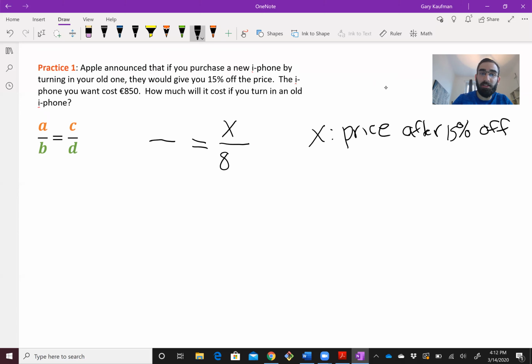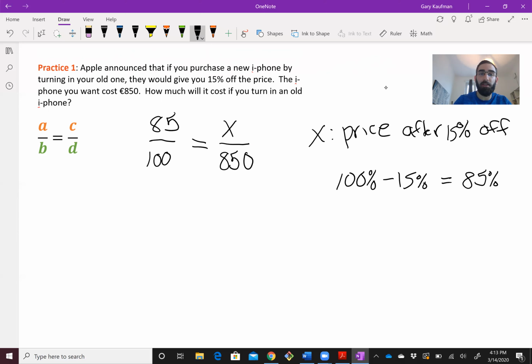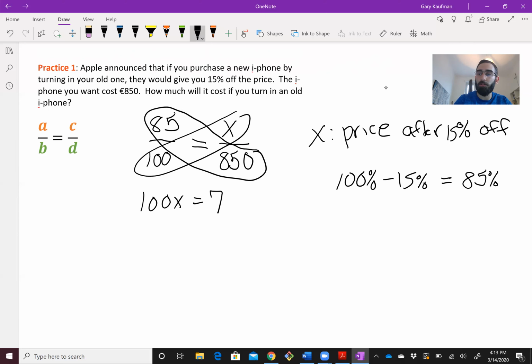The original price is $850. I have the 100. Well, what's the price off? 100% minus the 15% off equals 85%. So there's 85. I can now cross multiply. I get 100x equals 850 times 85, which is 72,250.